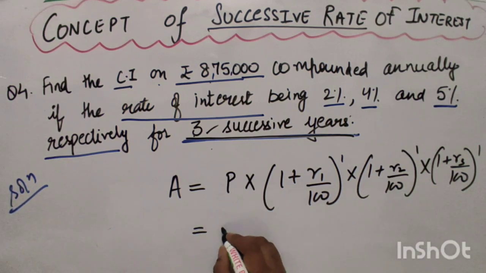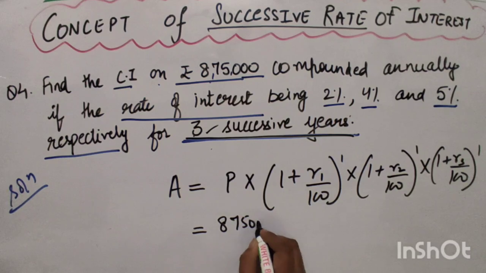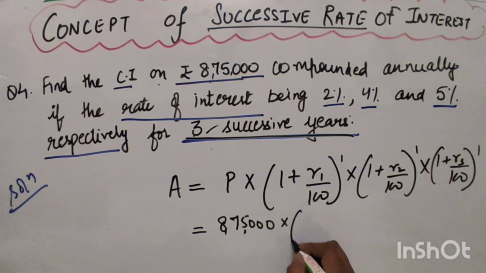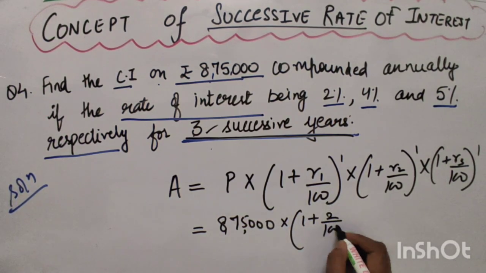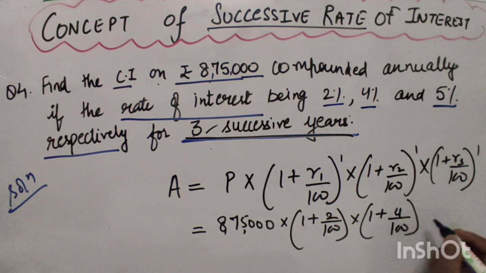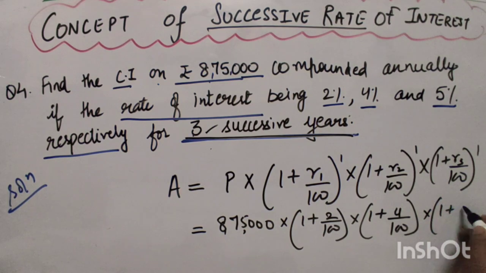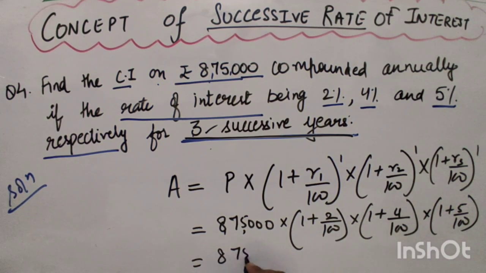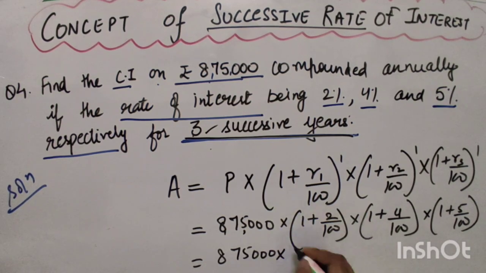Now I am going to plug in the values here. It would be 1 plus 2%, then 1 plus 4%, then 1 plus 5%. And already we have discussed how to get this in one go.